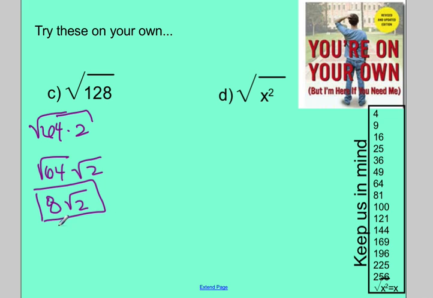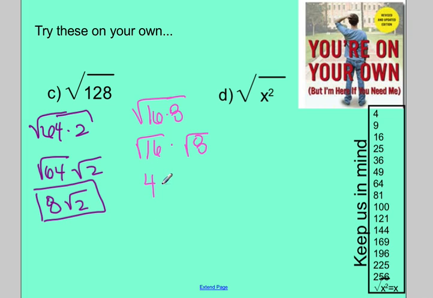Okay. Are there other perfect squares in 128? Yes, there are. Some people might notice, okay, so this is another way to do it, that 16 times 8 is 128. So I could break this apart: square root of 16 times square root of 8. And I know the square root of 16 is 4.